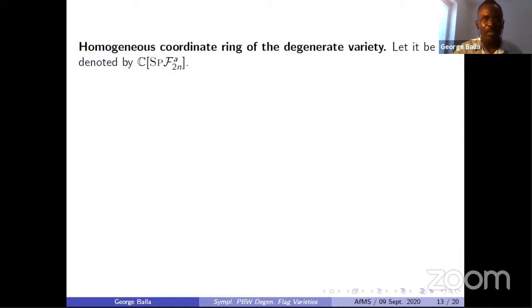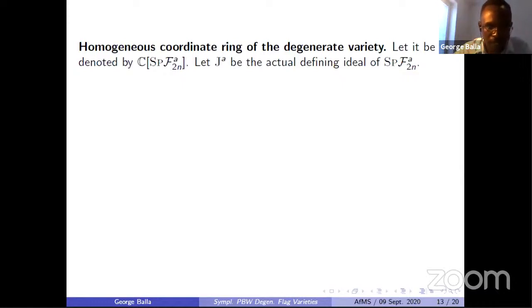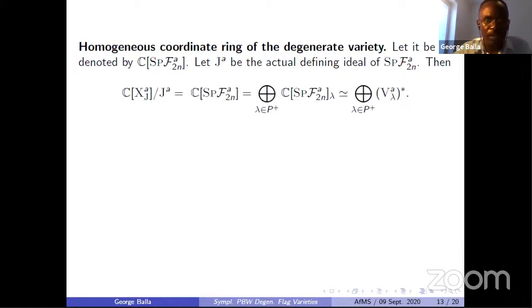We will denote it by C[SPF_2n^A]. And let us say that JA is the defining ideal, the actual one, because for IA we don't know yet if it's the defining ideal. So let's call JA the actual defining ideal. Then if we take the quotient of the polynomial ring, which we saw before, by this ideal, then this is the coordinate ring.